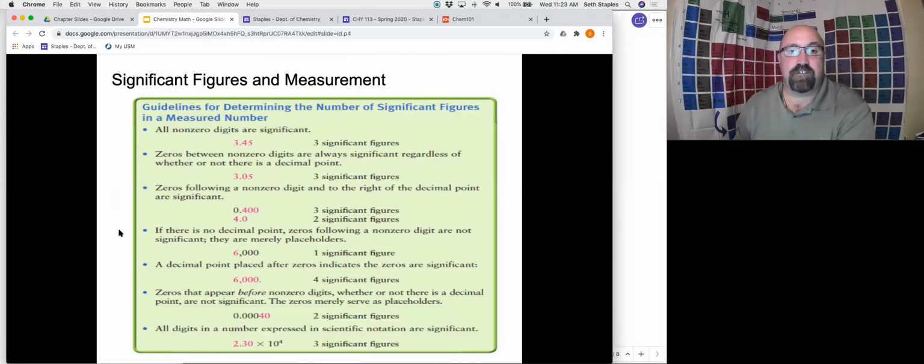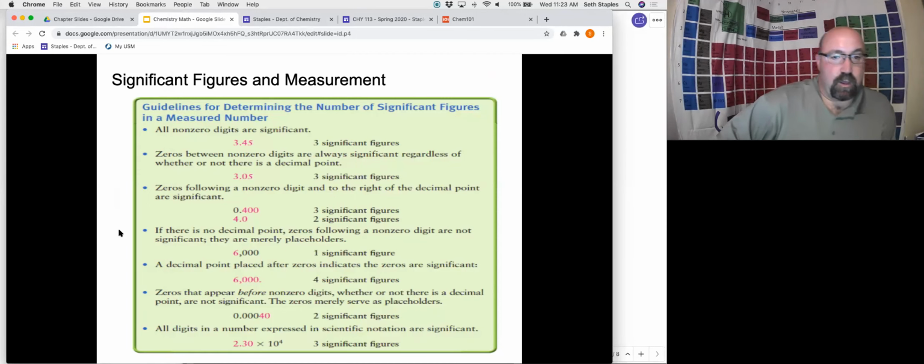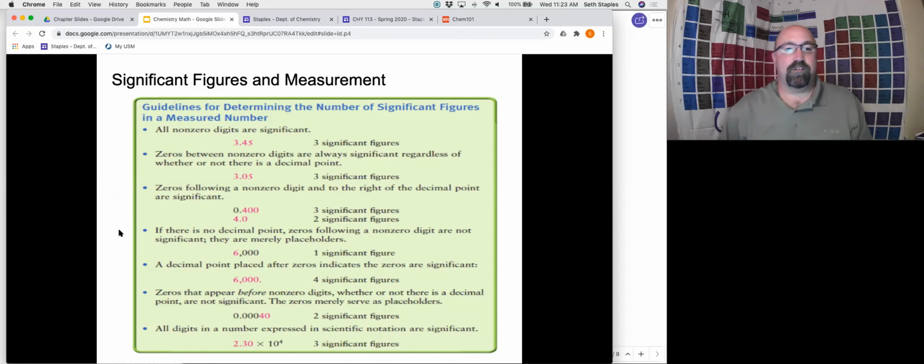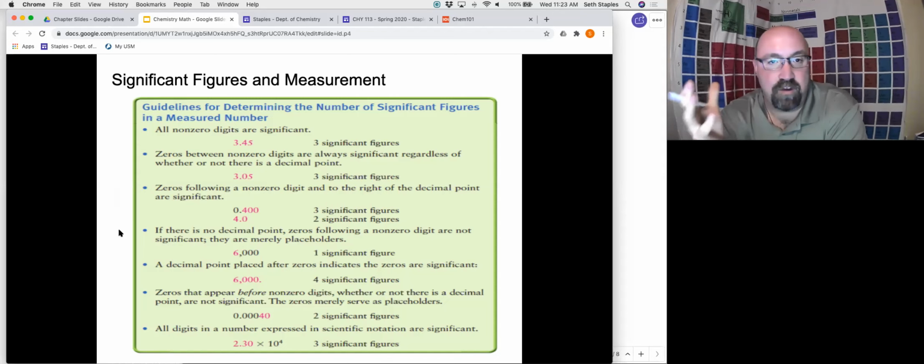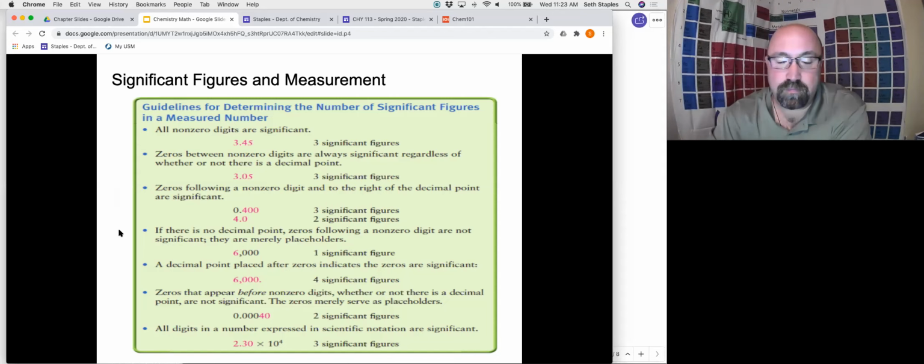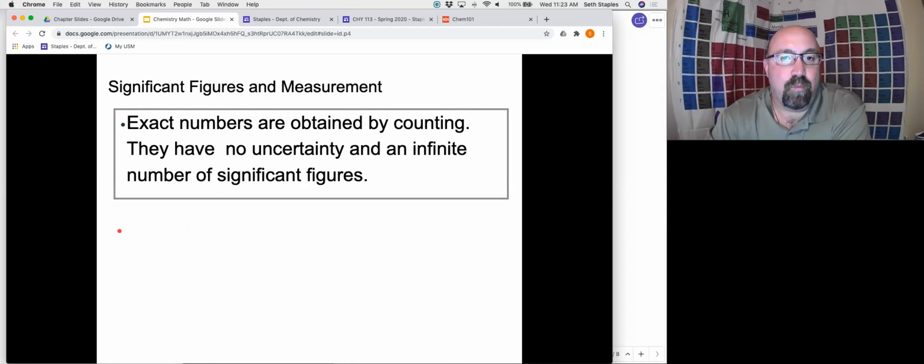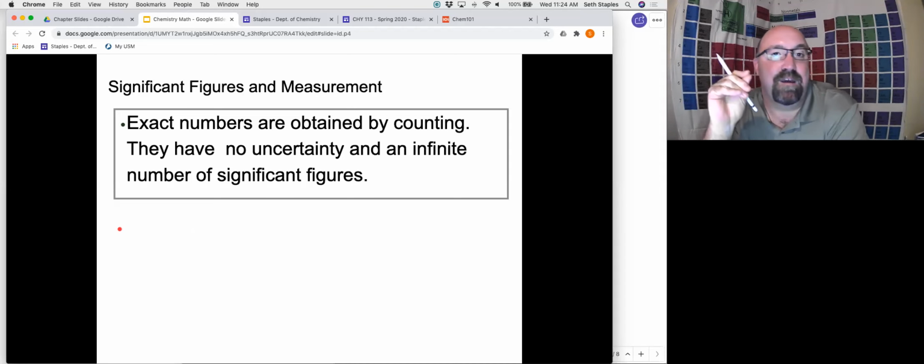Significant figures are another thing that we are going to be using constantly throughout this course, because all of our numbers are going to represent measurements, so we have to take the accuracy of our measuring devices into account. Another factor is that we've got measured numbers, but we also have exact numbers, numbers obtained by counting.